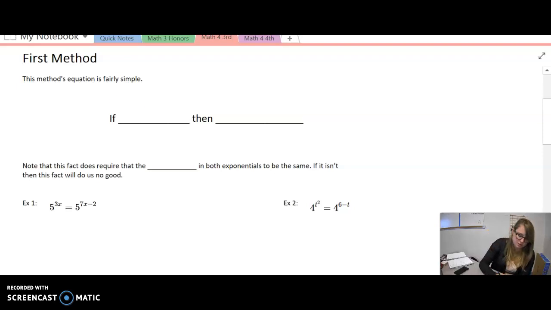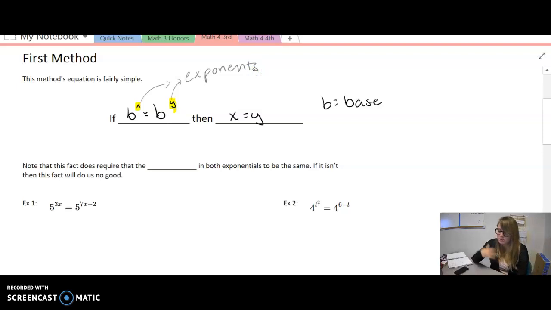If b to the x equals b to the y, then x equals y. So b represents the base, whereas x and y represent the exponents.